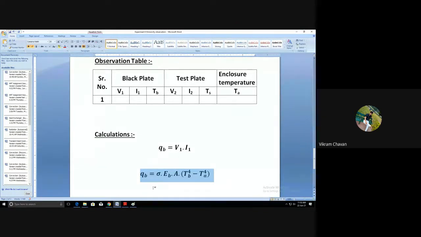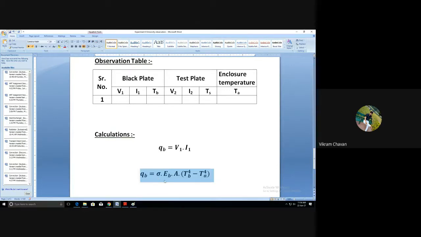So according to the Stefan-Boltzmann law, the Q suffix B amount of heat is supplied to that particular body, and it is equal to sigma multiplied by E suffix B multiplied by A multiplied by T suffix B raised to 4 minus T suffix A raised to 4, where sigma is the Stefan-Boltzmann constant, and we know the constant value as 5.67 into 10 raised to minus 8 watt per meter square Kelvin raised to 4.